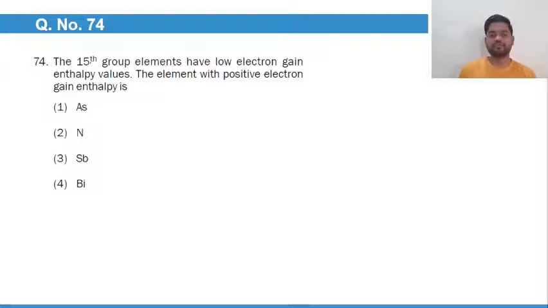Group 15 elements have low electron gain enthalpy values. The element with positive electron gain enthalpy is again nitrogen. They all have low values, but the one with a positive value is nitrogen, because of its half-filled stability. Okay, clear? So again 74, option number 2 will be the right answer, that is nitrogen.